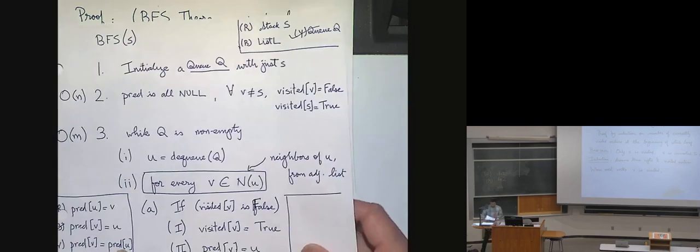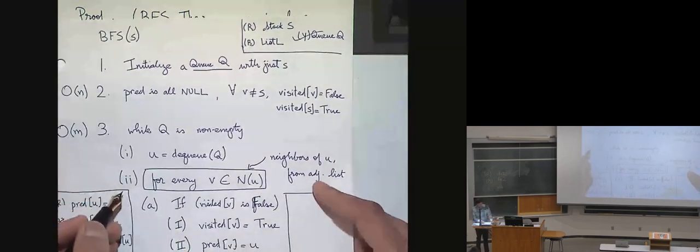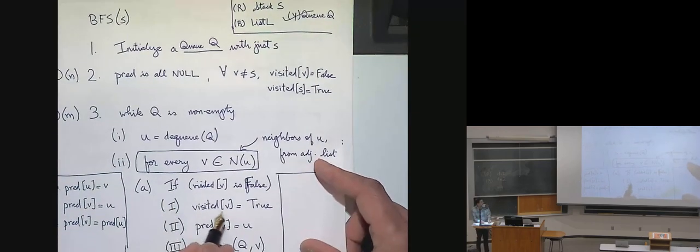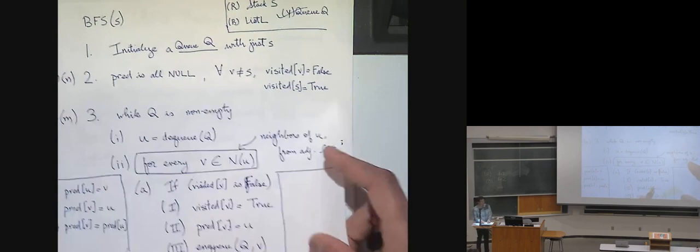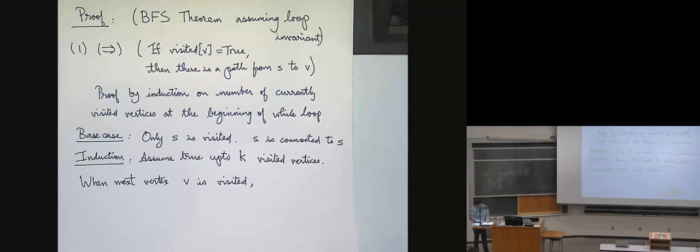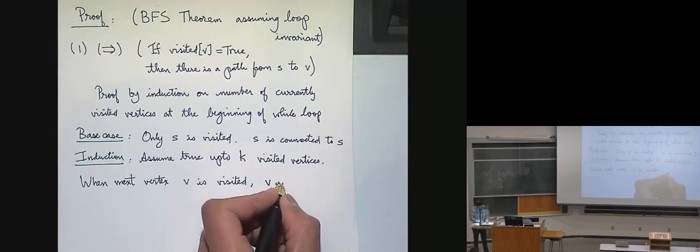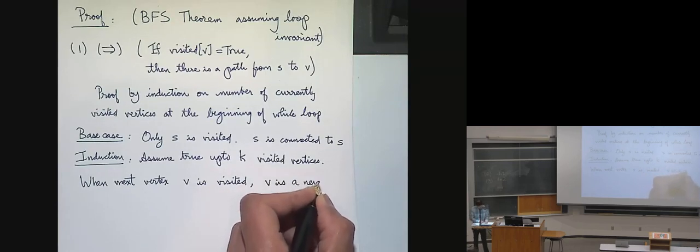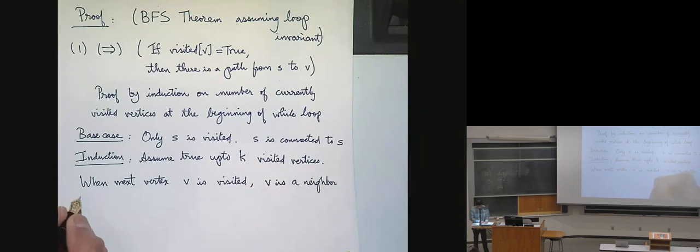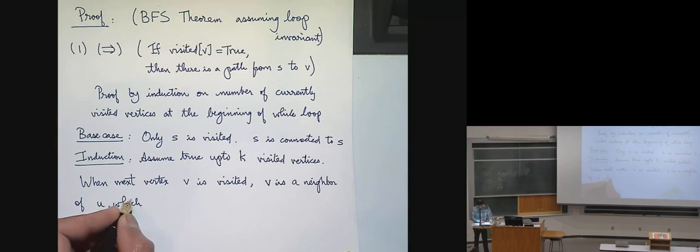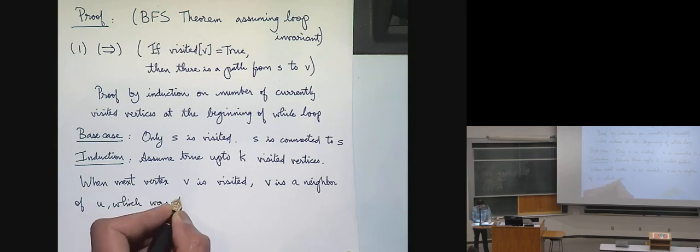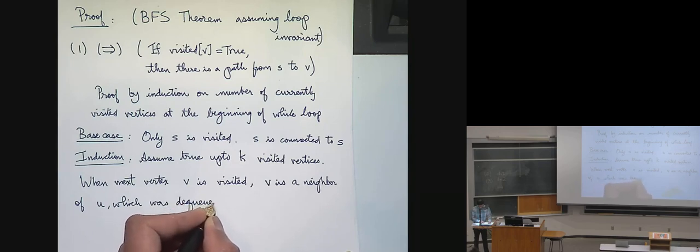When does something get visited? When this statement occurs. When vertex V is visited, V is a neighbor of U, which was dequeued.